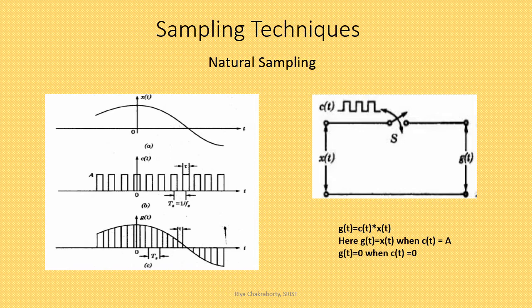Here A is the amplitude of c(t). So the value of g(t) equals x(t) when c(t) equals A, and g(t) equals 0 when c(t) equals 0. So here c(t) is the periodic train of pulses of width tau and frequency fs.